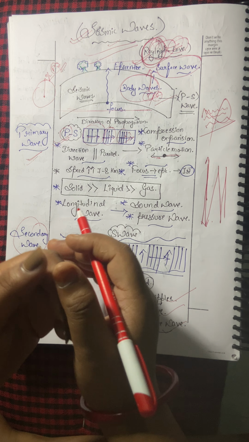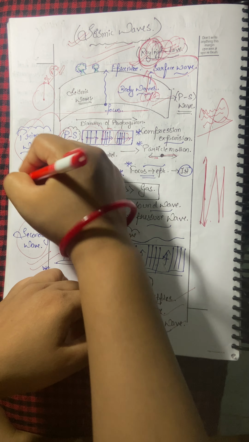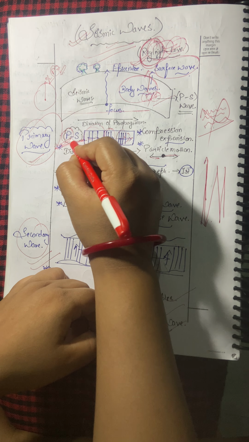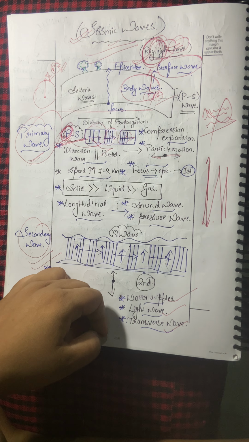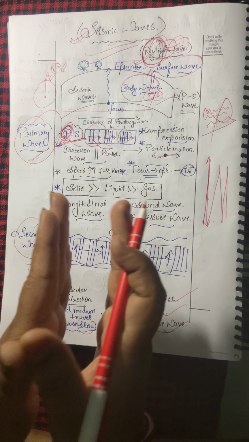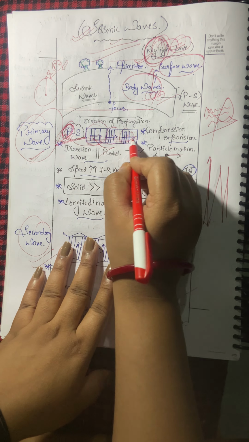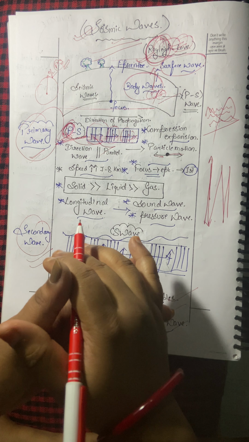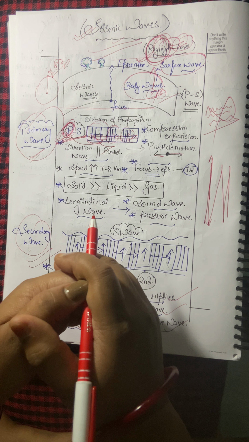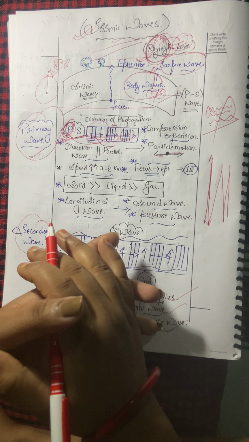So what do we see in primary waves? First we see the P waves. Pointing to the P and S box diagram, we see the horizontal arrows. Now let's look at the first type of body wave, the primary wave, called the P wave.